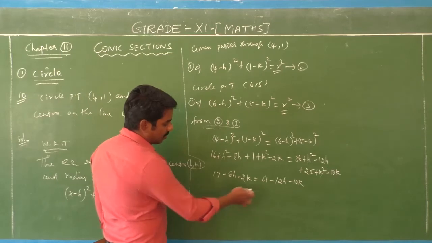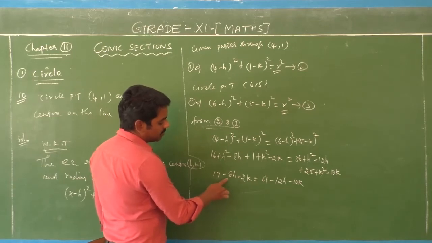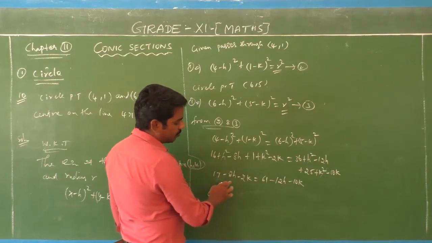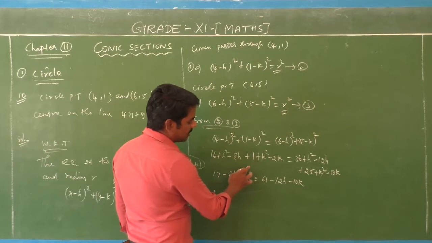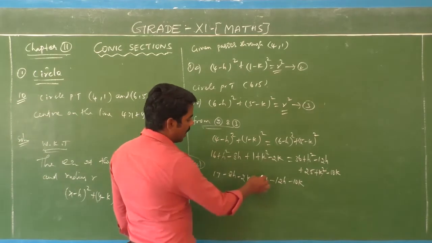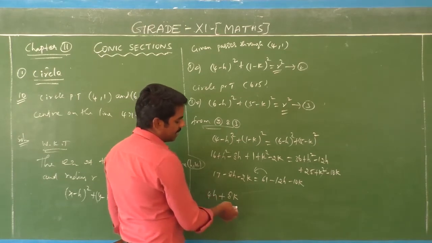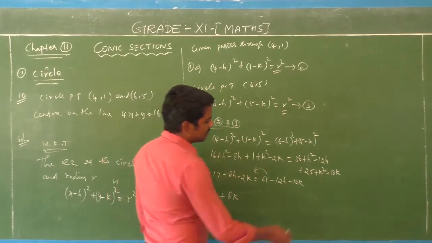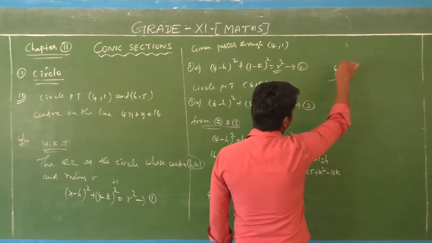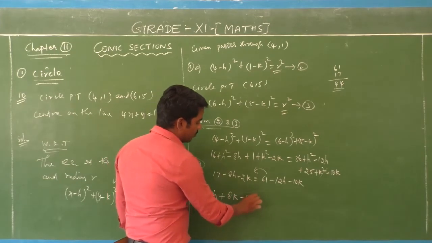Right, simplify this. Minus 12h and minus 8h: 12h minus 8h is 4h. And 10k minus 2k is 8k. Then 17 minus 61, so 61 minus 17 is 44.